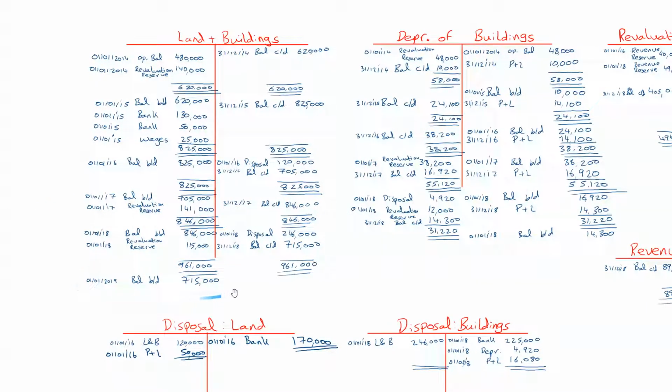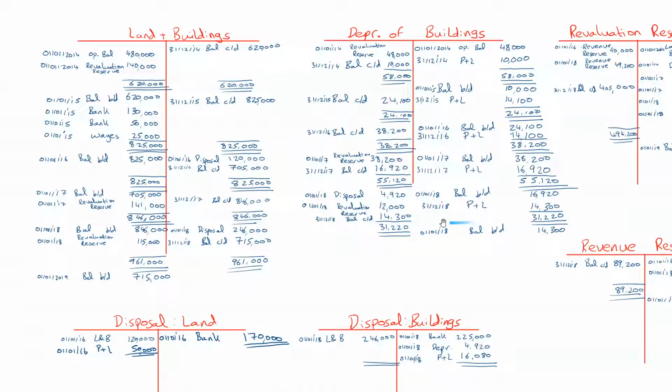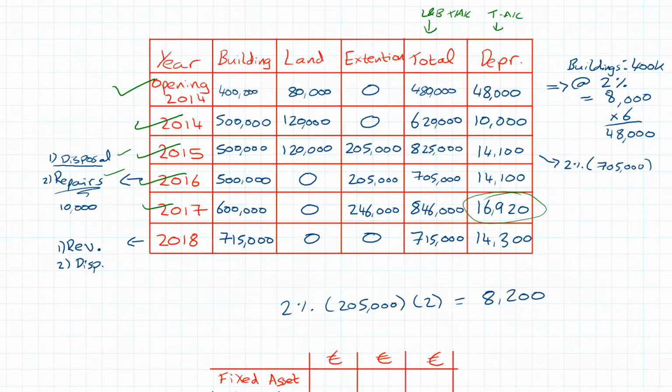What we brought down for the beginning of 2019 is 715, and our depreciation is 14.3. So we can just use those figures. 715 minus 14,300 is 700. So 700, 700.